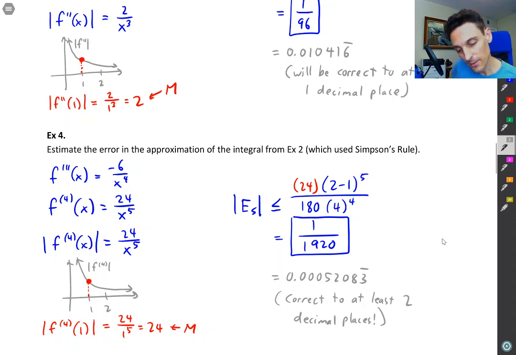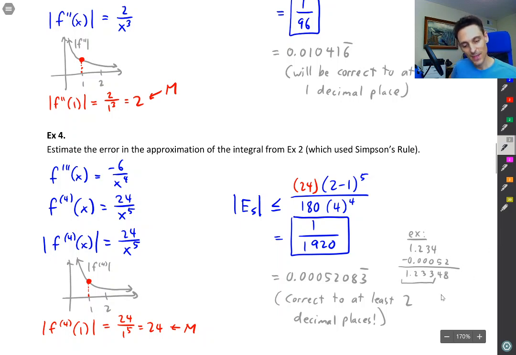Okay, just to give a little numerical example of that. Here, let's say that your approximate area was 1.234. If you took that and you were looking at plus or minus the error, let's do minus the error, you would end up with 1.23348, and this would then change that thousandths place from a 4 to a 3.